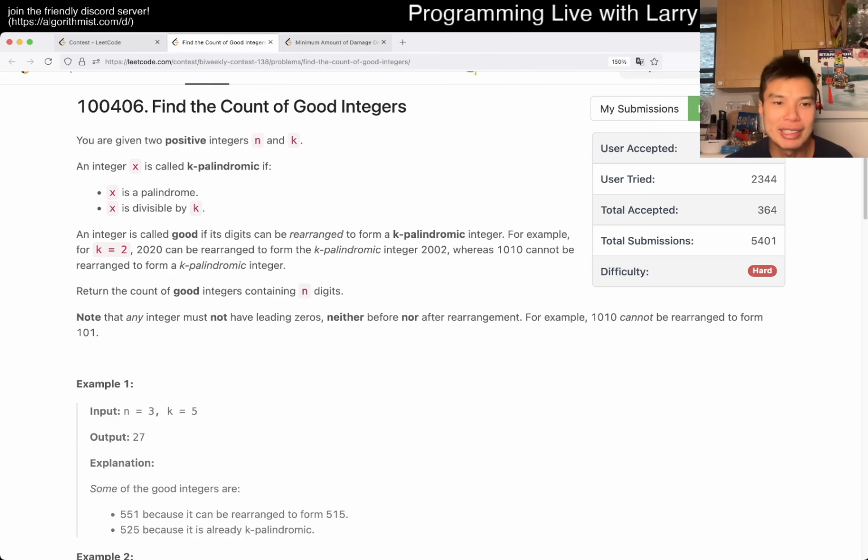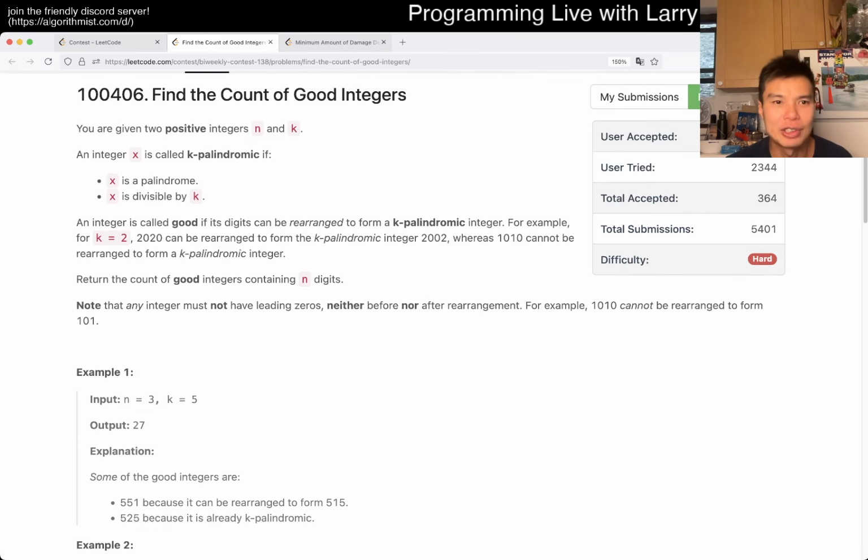The way that I solved it, I thought that it has to be divisible by k after the rearrangement, not before. That subtle difference is all the difference.